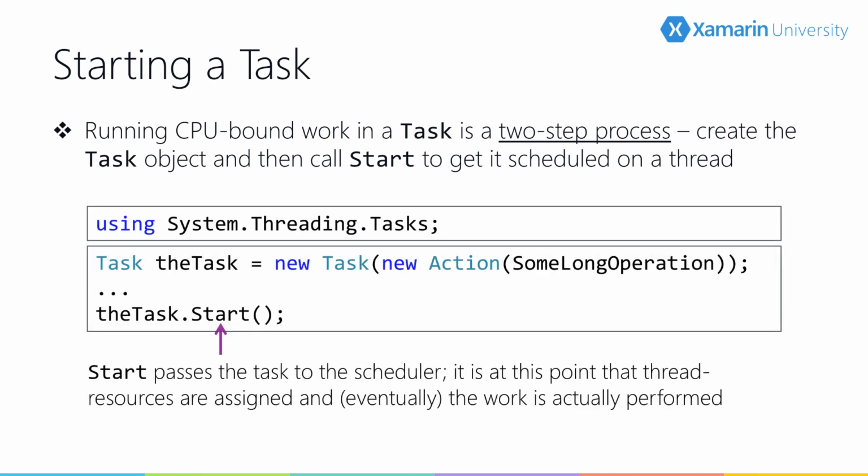So the next step is to call the Start method. Now you may think, okay, now it's starting the long-running operation. Now it's executing it. Not actually. What Start does is hand the task over to the scheduler. So there's no guarantee that just because you call Start, your long operation will immediately begin to run. It could take a bit.